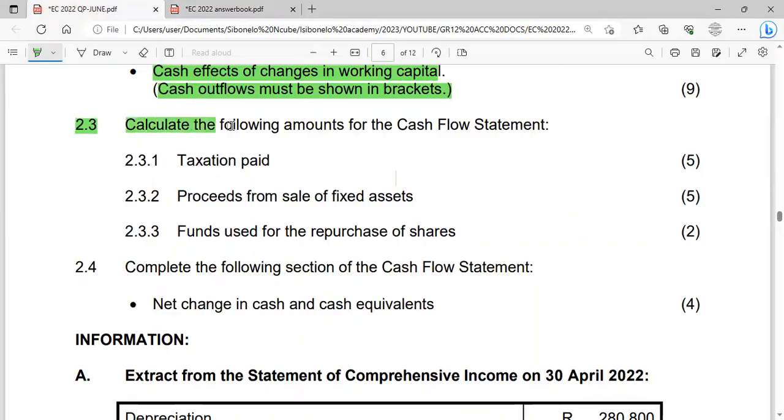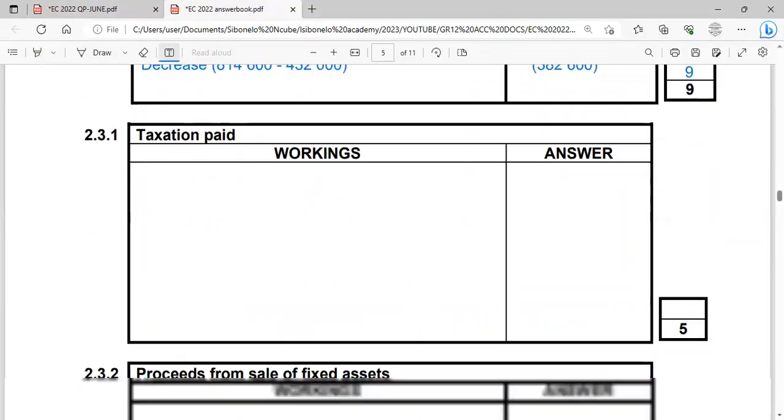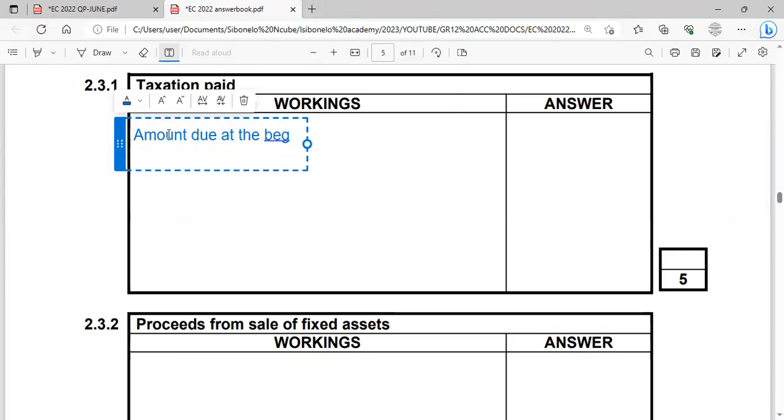We are required to calculate the following amounts for the cash flow statement. So for 5 marks, we're gonna prepare taxation paid. So that is the tax note, tax paid note. So we're gonna prepare this note here. So guys, when preparing this note, we're gonna have amount due at the beginning, that's the beginning of the year.